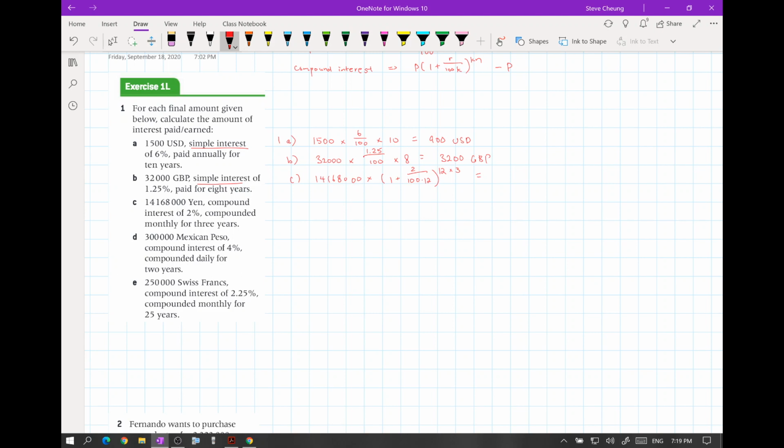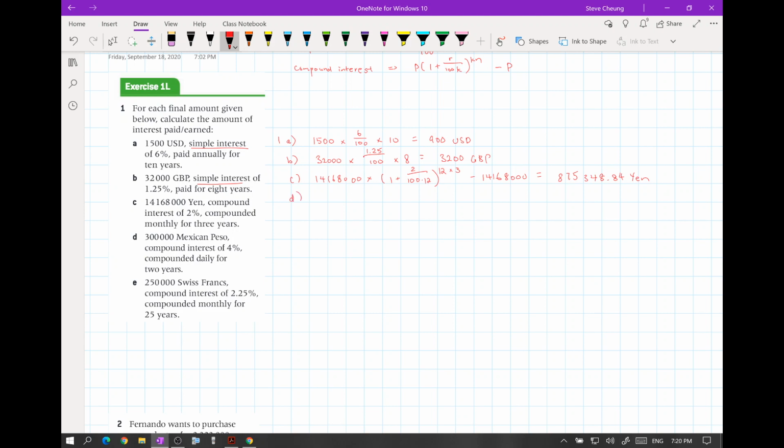And if you put that in the calculator, now notice that that's the final amount, so I should really be subtracting off what it was worth in the beginning. And if you do that correctly, you should get this number here. $875,000-ish.